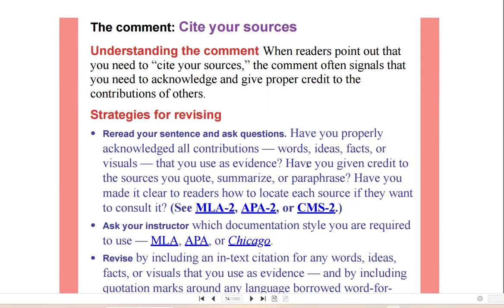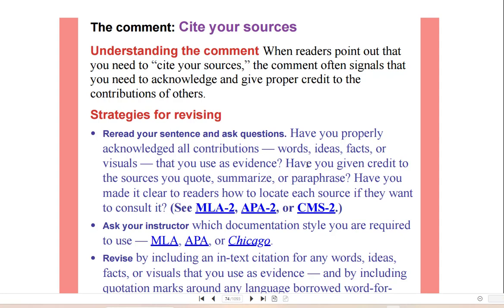Cite your sources. When readers point out that you need to cite your sources, the comment often signals that you need to write in-text citations to give proper credit to the contribution of others. Reread your sentence and ask questions. Have you properly acknowledged all contributions, words, ideas, facts, or visuals that you use as evidence? Have you given credit to the sources you quote, summarize, or paraphrase?